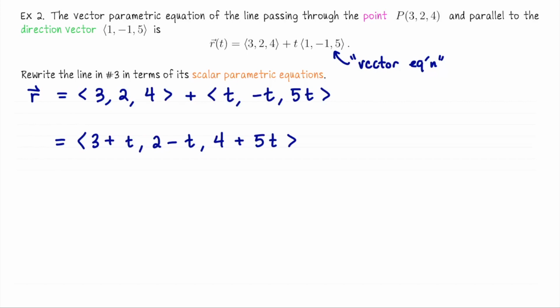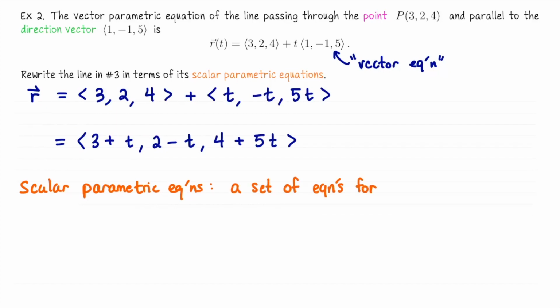Any value of t that we plug into the right-hand side is going to send us to a point on this line where 3 plus t would be the x-coordinate, 2 minus t would be the y-coordinate, and 4 plus 5t would be the z-coordinate. So the scalar parametric equations are parametric equations for each coordinate, each x, y, and z coordinate.